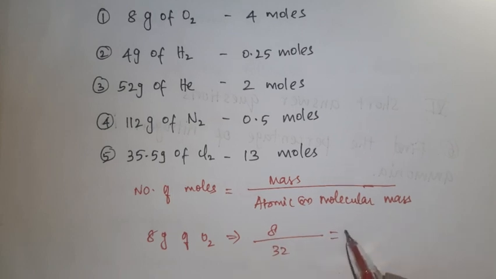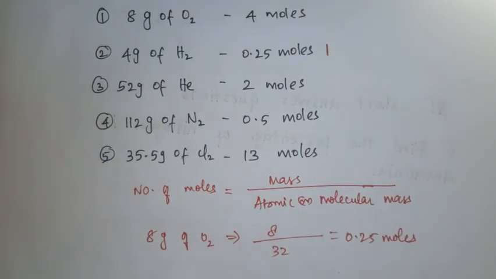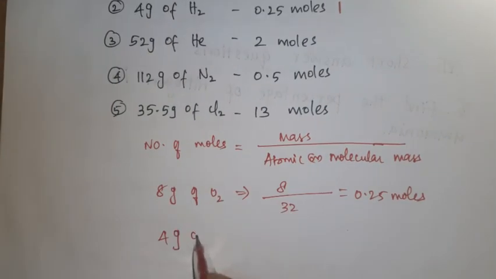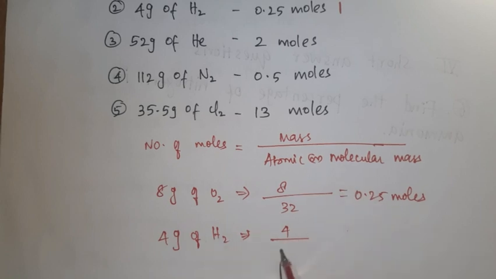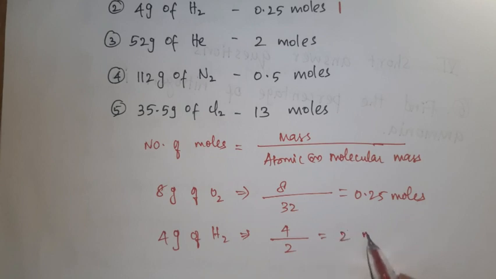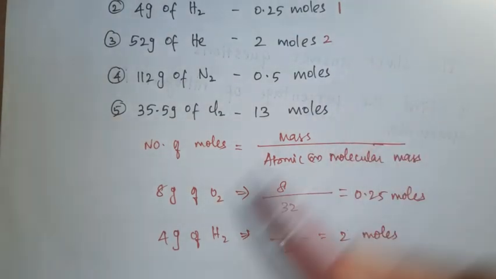If we divide, we'll get 0.25 moles. So for 8 gram of oxygen, 0.25. So this is 1. Next, 4 gram of hydrogen molecule. Given mass is 4, molecular mass of hydrogen is 2. If we divide, we'll get 2 moles. So 2 moles is the second one.